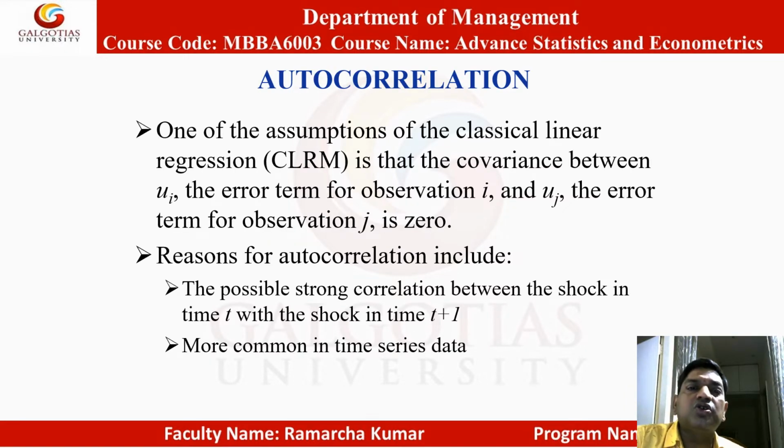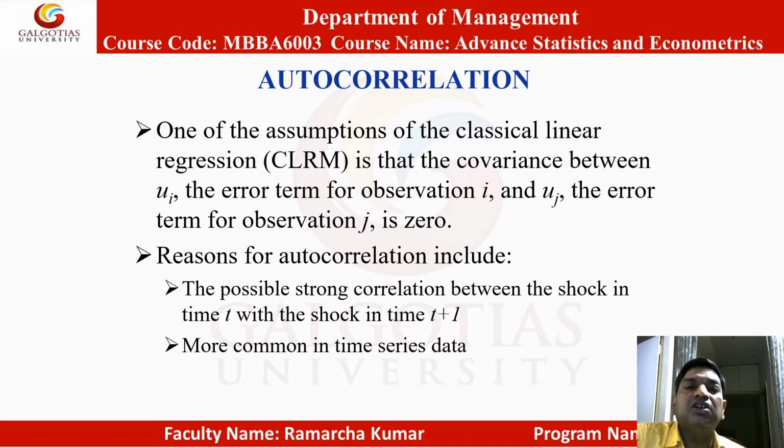One of the assumptions of the classical linear regression model, CLRM, is that the covariance between Ui, the error term of observation i, and Uj, the error term for observation j, is 0. If this covariance is not 0, then the error terms are not independent, they are dependent, they are related.